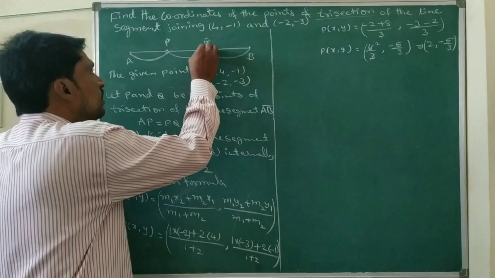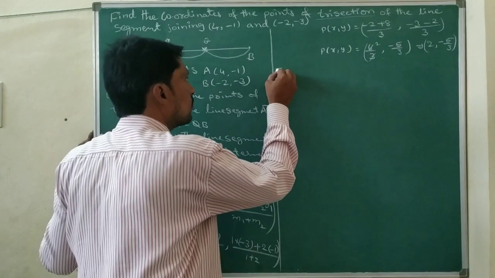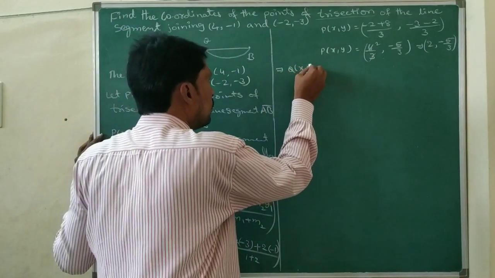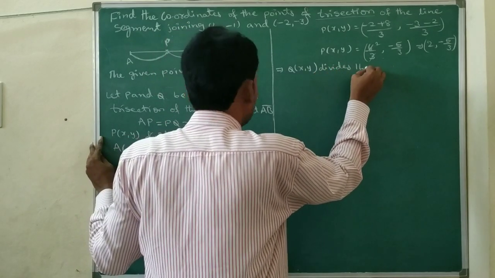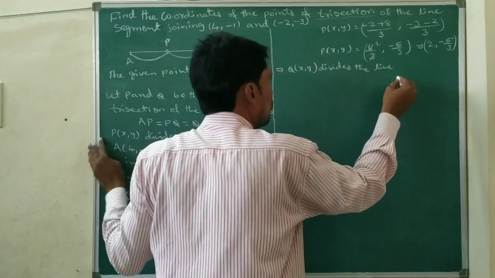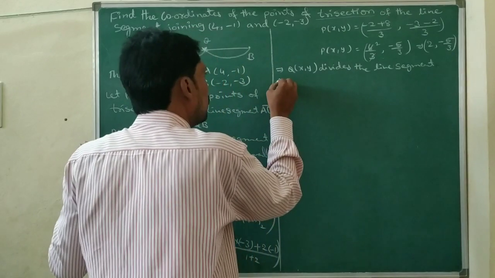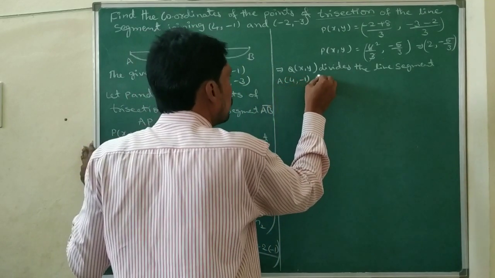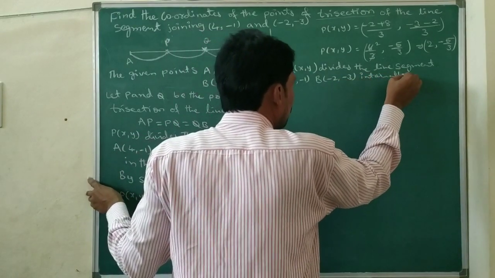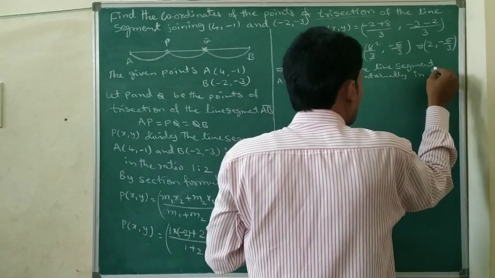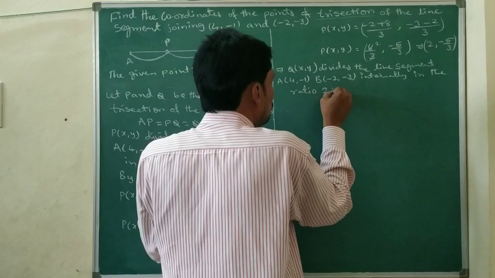In the same way, we need to find the Q coordinates. Q(x, y) divides the line segment A(4, -1), B(-2, -3) internally in the ratio 2:1.